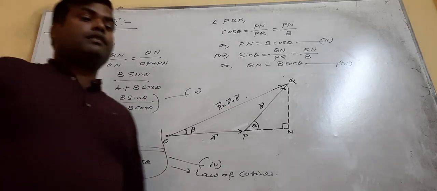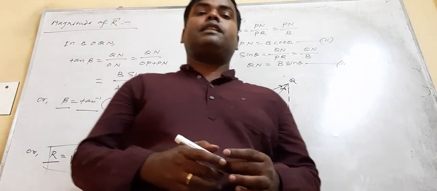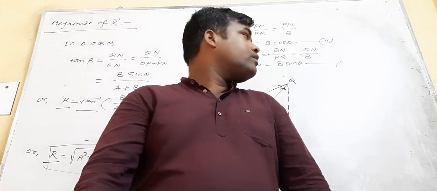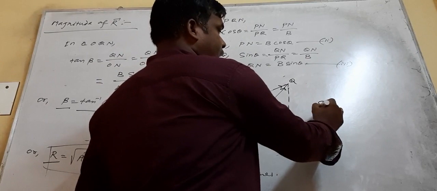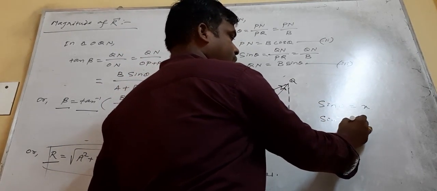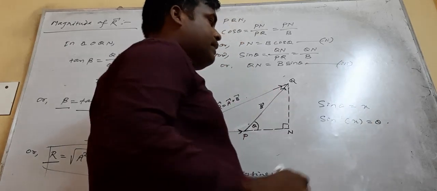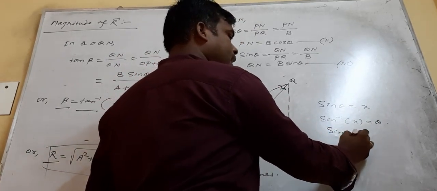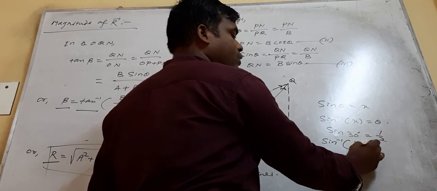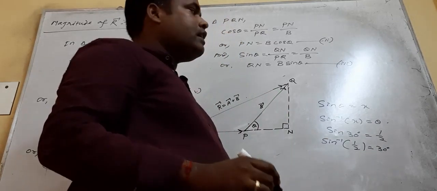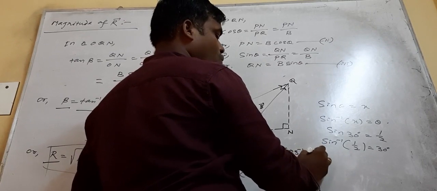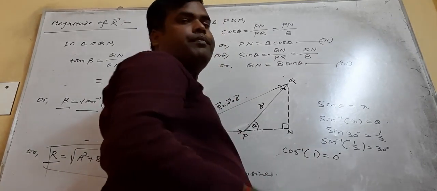What is tan inverse? You know x inverse is 1 by x. Tan inverse is not 1 by tan. So you remember, if sine theta is x, then sine inverse x is theta. That means if you know sine 30 degree is 1 by 2, then sine inverse 1 by 2 is 30 degree. Similarly, cos inverse 1 is 0 degree.